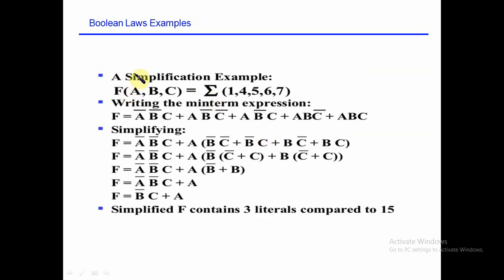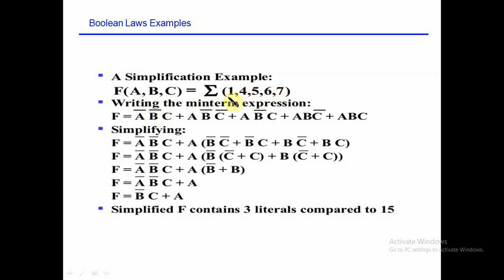In the last lecture we saw min terms and max terms by some SOP, and we prepared the standard SOP form. Here we take a given simplification example: F(A,B,C) equals summation 1, 4, 5, 6, 7 in min term expression.